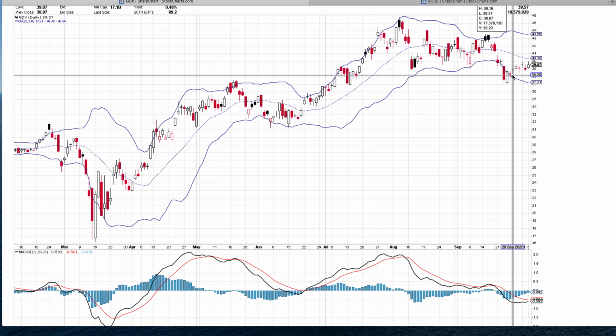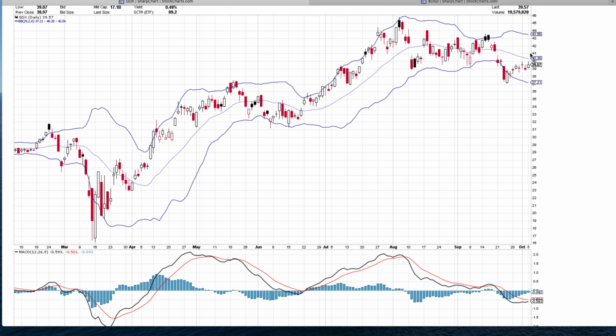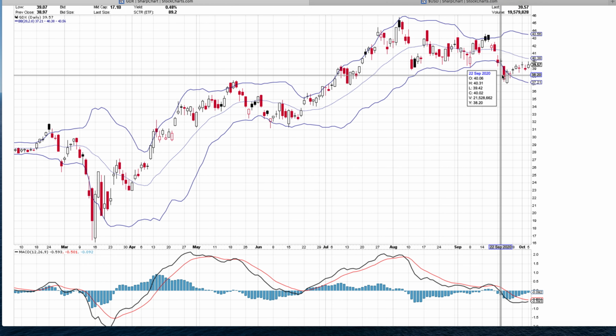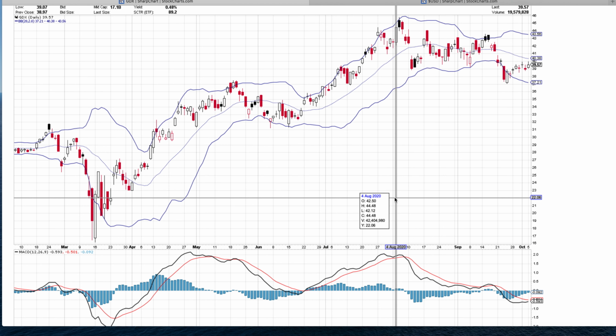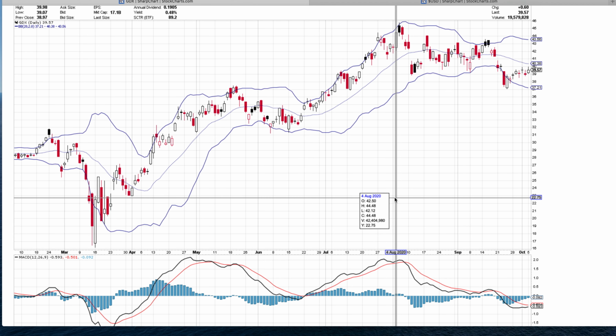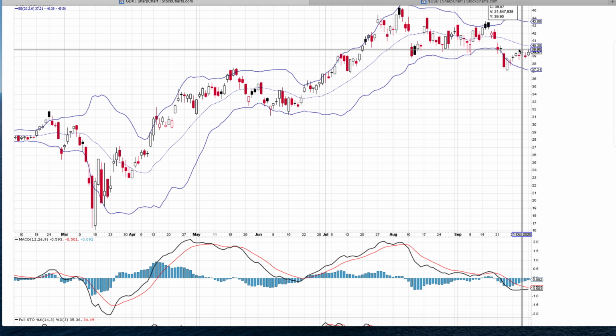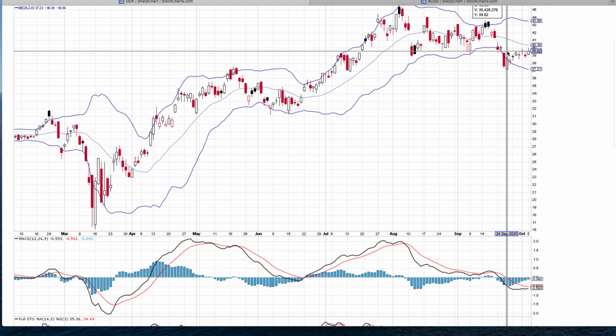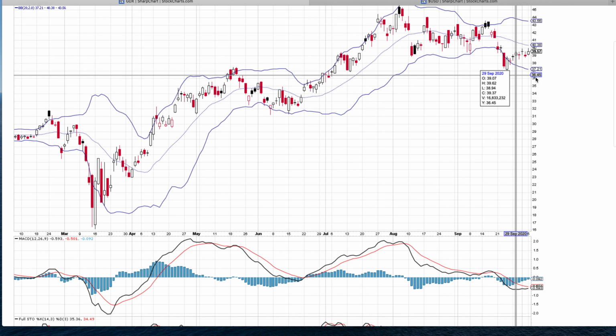You have a bear flag, and also you have a bear wedge. So you have to apply some pattern strategies too. You don't buy just blindly. So this one is in question now because of the bear wedge and bear flag.